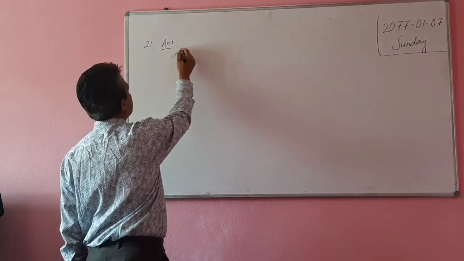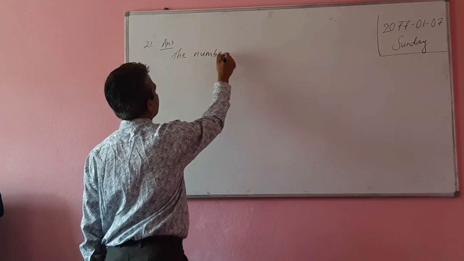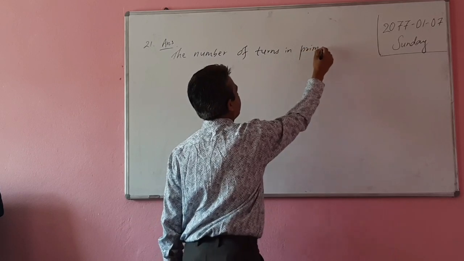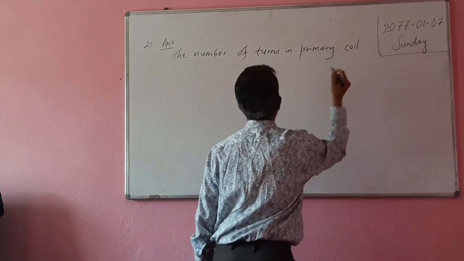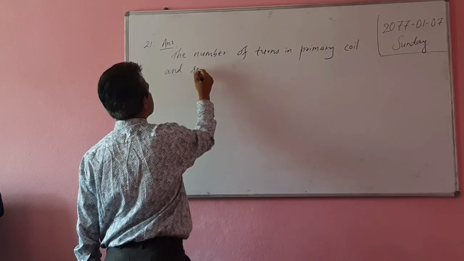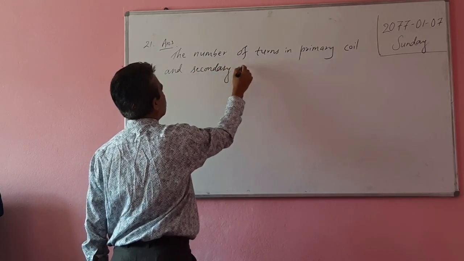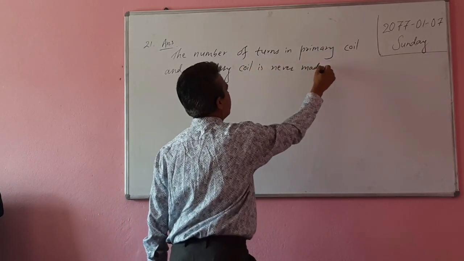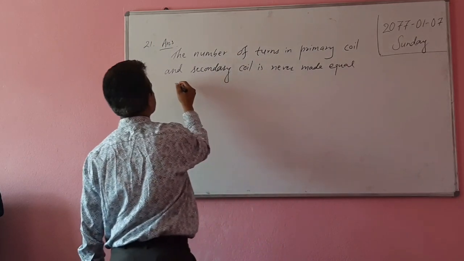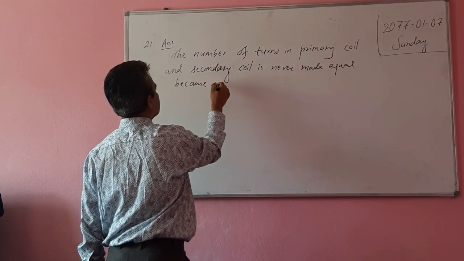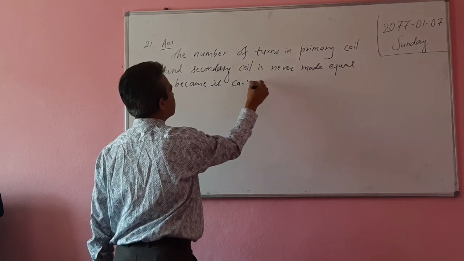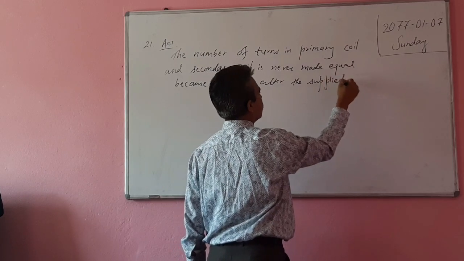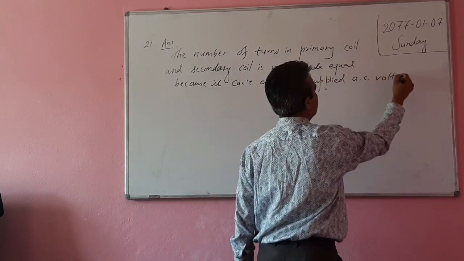So the answer is, the number of turns in primary coil and secondary coil is never made equal because it can't alter the supplied AC voltage.